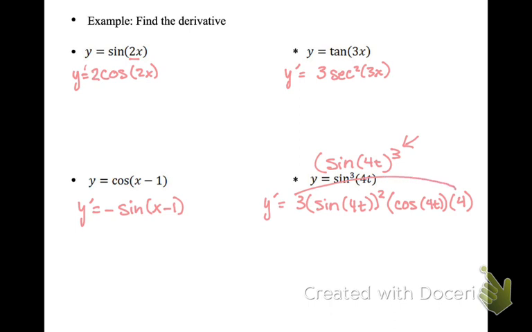So 3 times 4 is 12. And we're going to have sine squared of 4t, right? Times cosine of 4t.